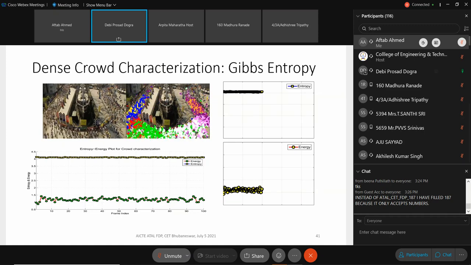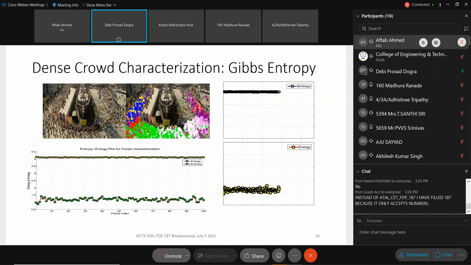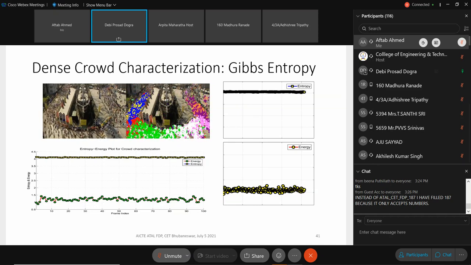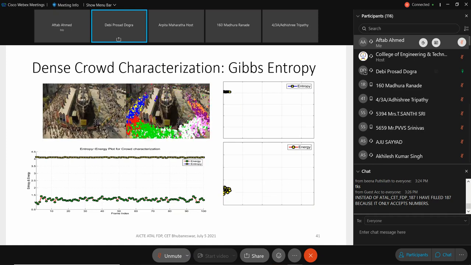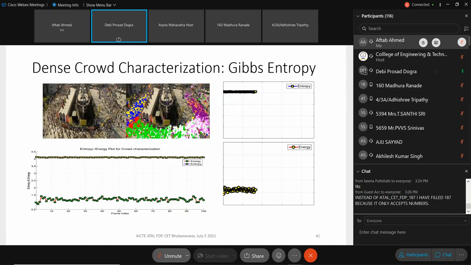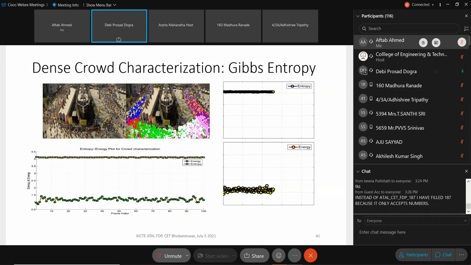Those color points are representing directions, because some of the people are moving in an upward direction, some in a downward direction, some in a vertical or horizontal direction, depending on their current position. So that's why you get different color slots. However, when we find the entropy, we see that it's a high entropy without much fluctuation, whereas the energy is low. And also it's kind of stable.